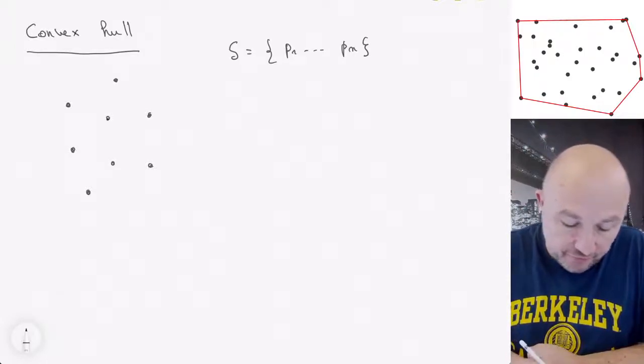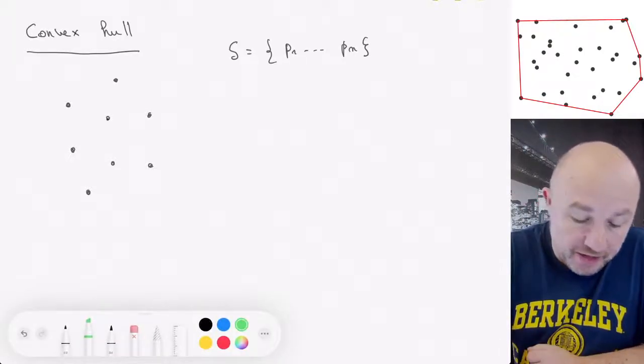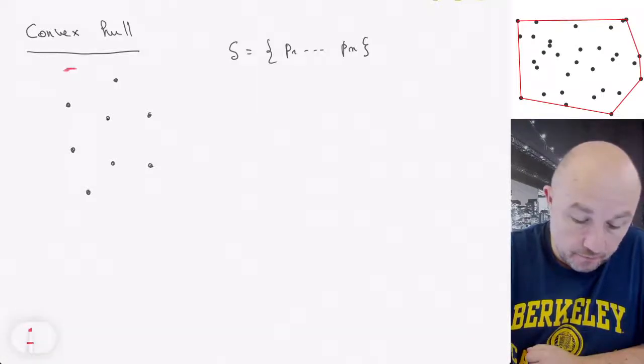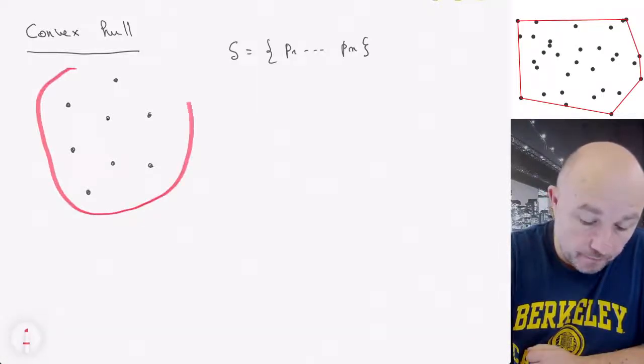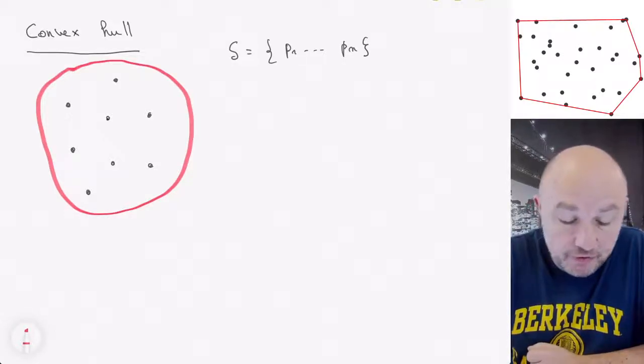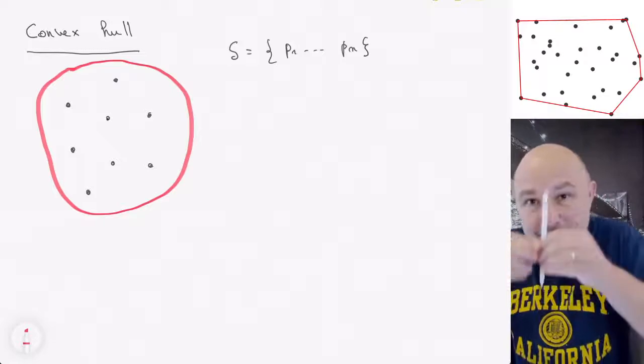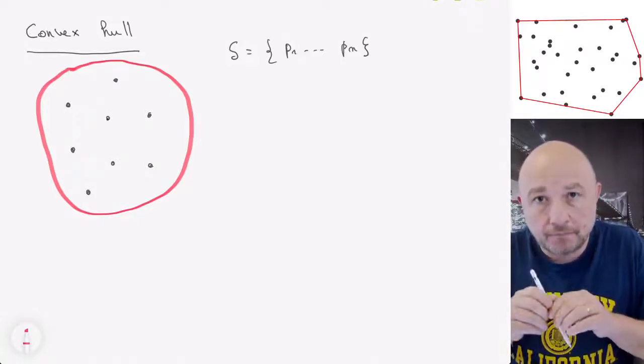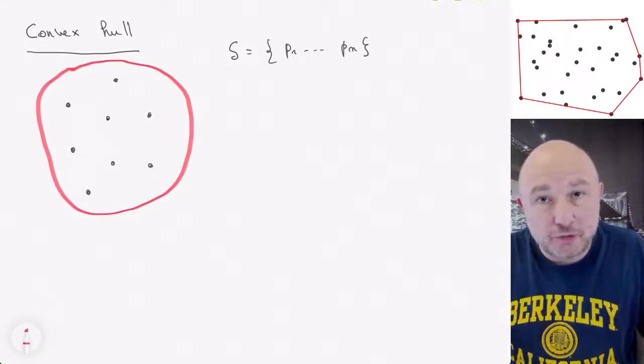We can imagine the following construction. Imagine a spring, okay, in tension, that we put around my set of points. Imagine that every point is like a needle, okay? And we are going to release the spring.